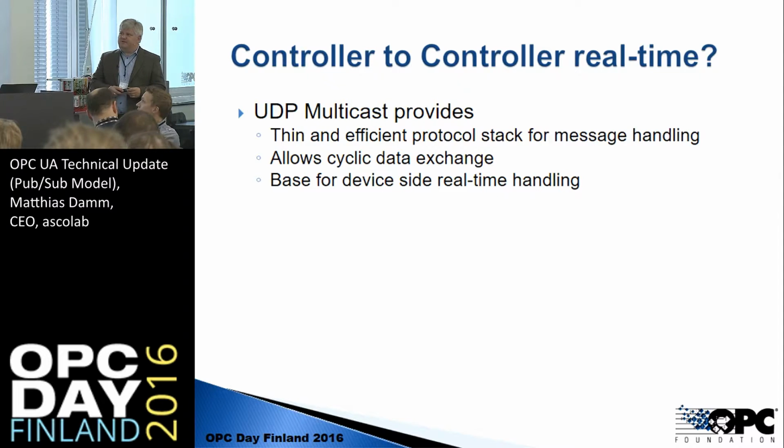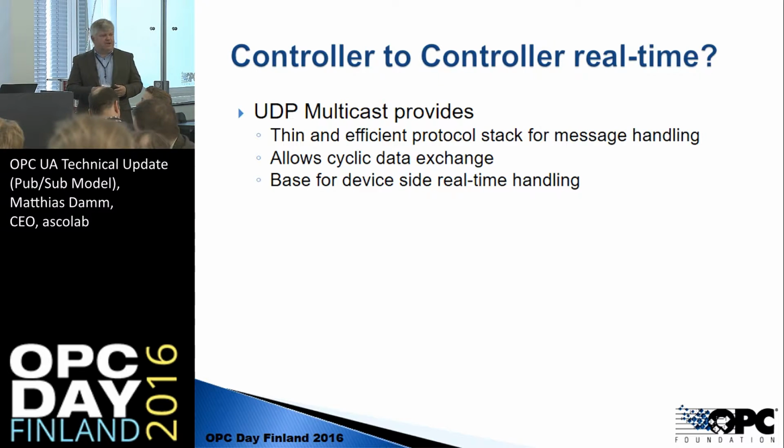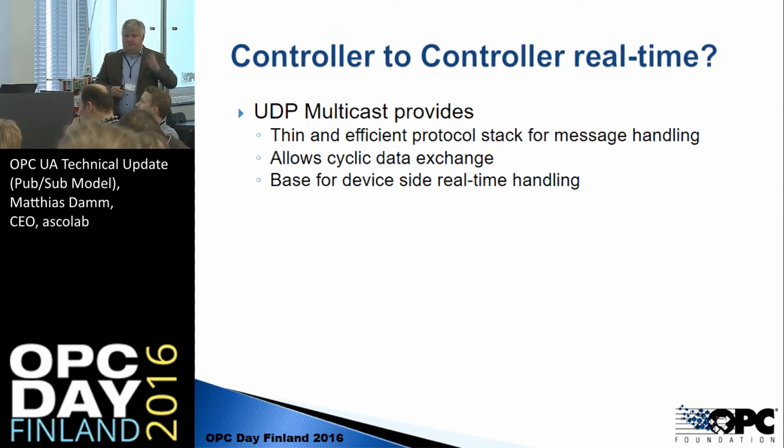For the controller-controller communication case, we have the requirement for real-time communication. The problem you have to solve first is making your system itself real-time capable. That means the OPC UA part of the communication needs to be real-time capable and efficient.